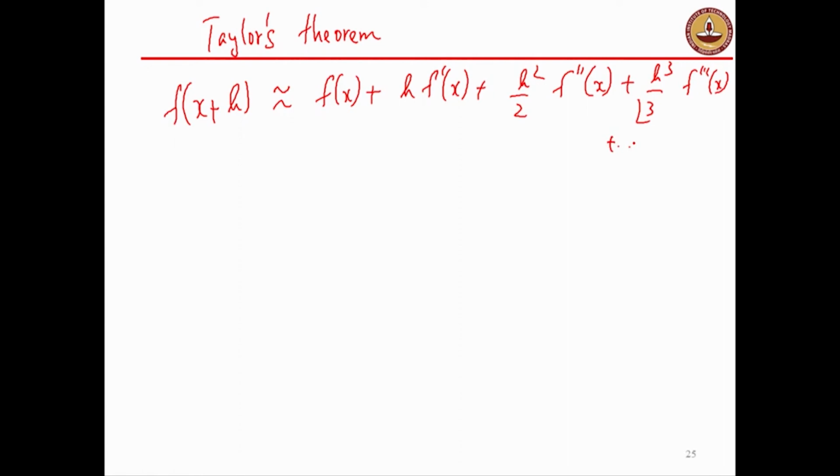You can be more precise and put either a remainder term or bound the size of the remainder over here. This is functions of one variable. Now it is functions of several variables. Obviously you cannot do this.